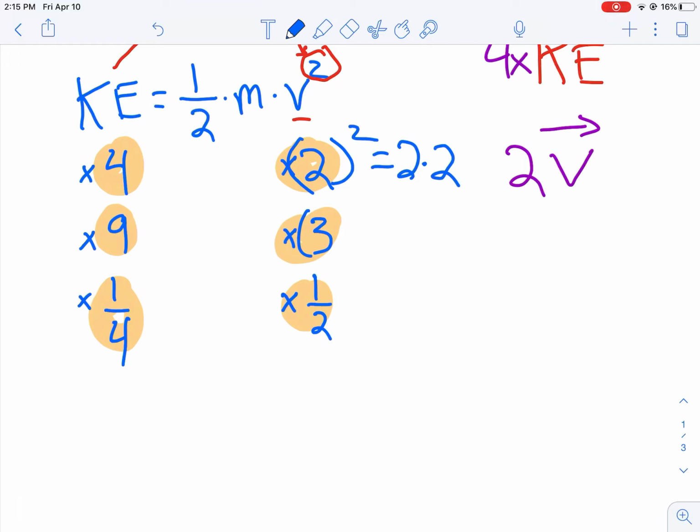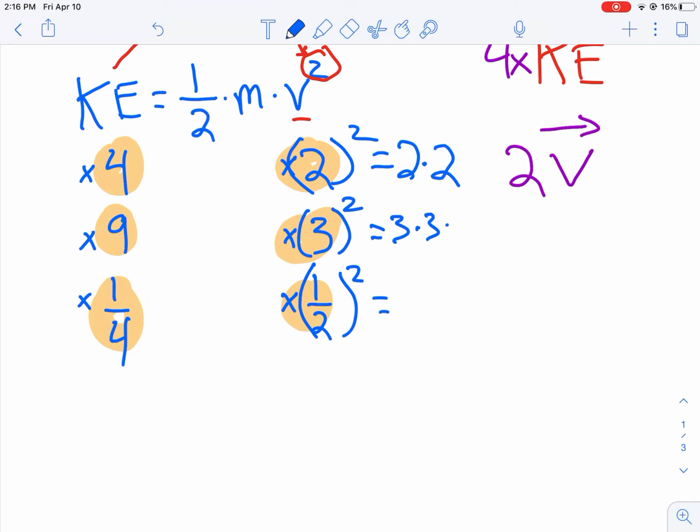If the velocity changed by a factor of 3, well, 3 squared is 3 times itself, which is 9.